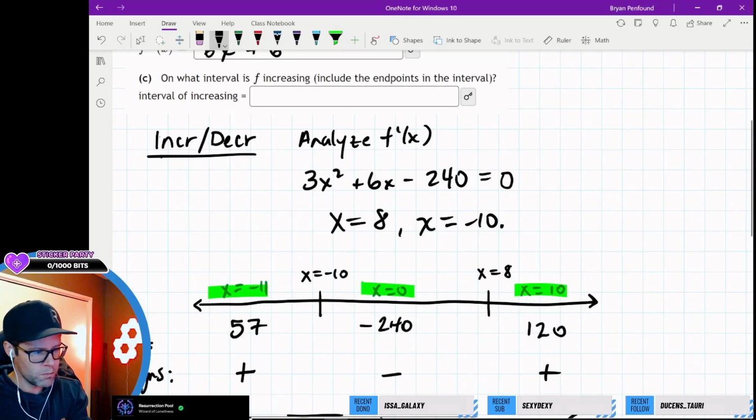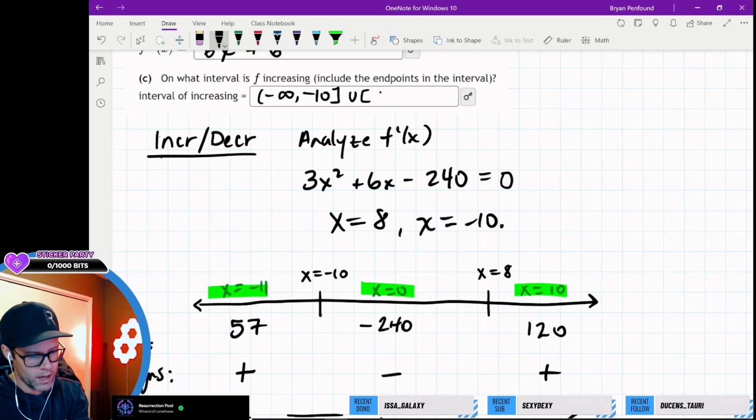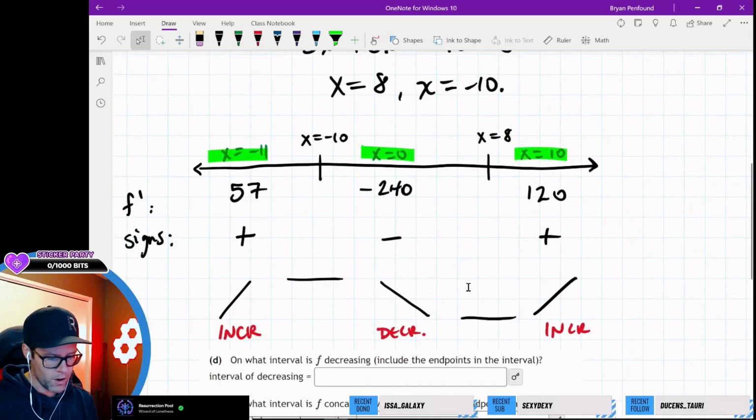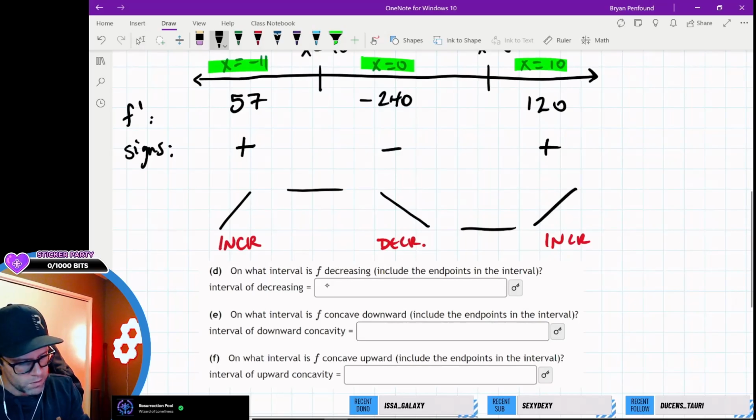So that's going to be from minus infinity. They say to include the endpoint, so to negative 10. And then we're going to union 8 to positive infinity. That should do the trick for our increasing areas. And then we have this one region in the middle where we're decreasing. That's going to be for all values in between negative 10 to positive 8.